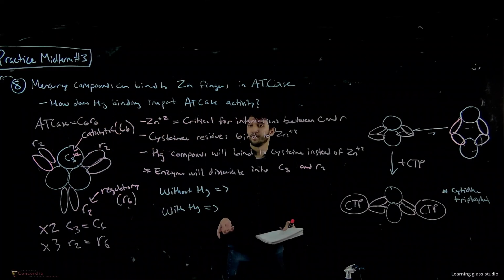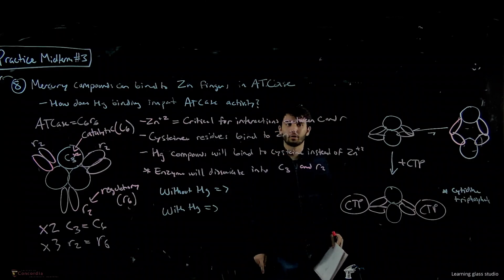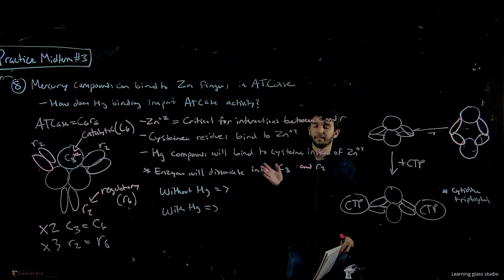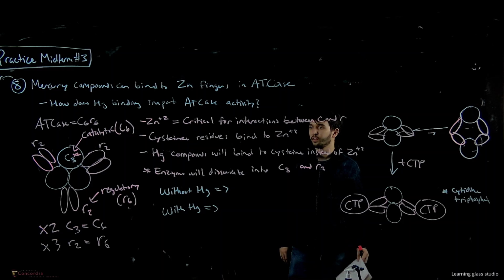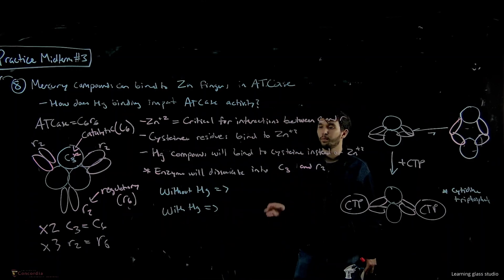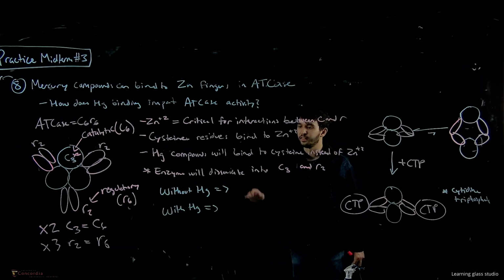So looking at this now, zinc is critical for the interactions between C and R subunits. So normally cysteine residues form the interactions here and they bind to the zinc. However, mercury compounds will bind to cysteine so that the cysteine can no longer bind to the zinc. So thus, there are no more interactions between the R and the C subunits.